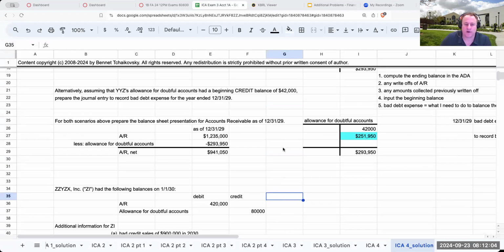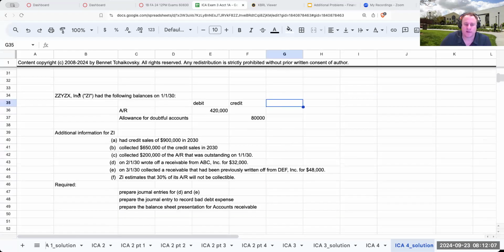And we've got over here Zizix Inc. had the following balances on 1/1/30. Accounts receivable opening balance of 420, and then a credit balance for the allowance for doubtful accounts of 80.